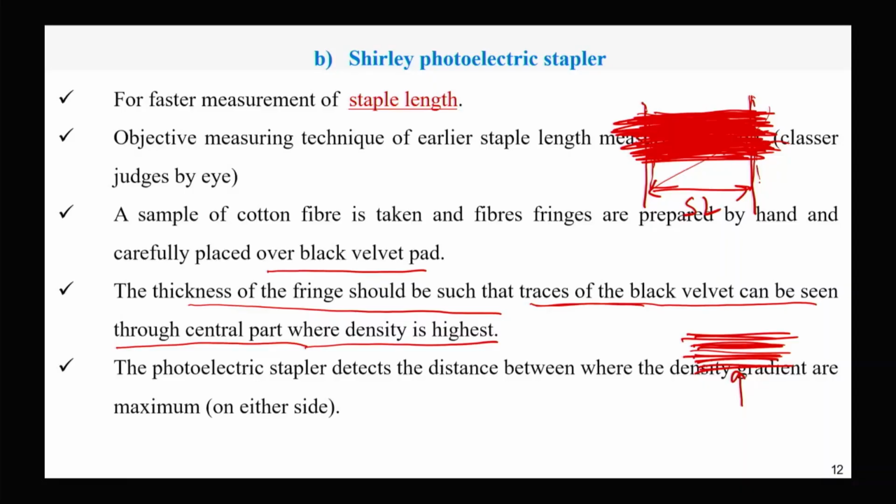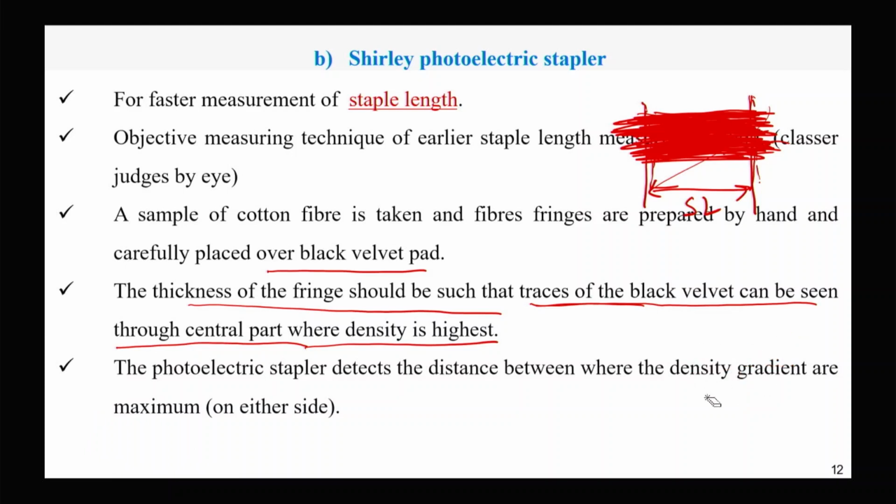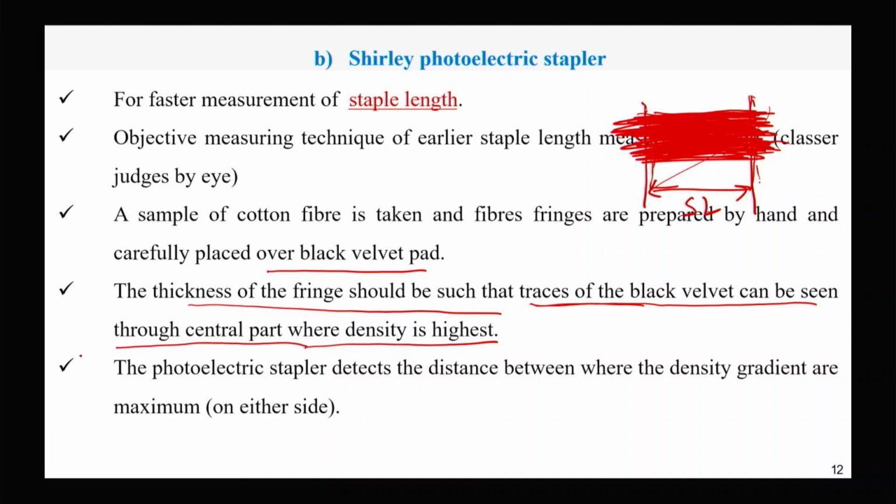And the photoelectric method detects the density gradient, like it detects at the edge. So density gradient from the right side and left side, at the edge it will detect.